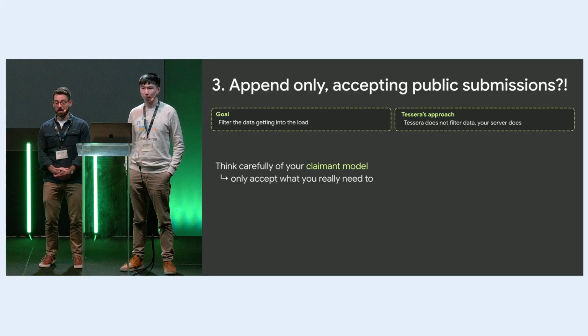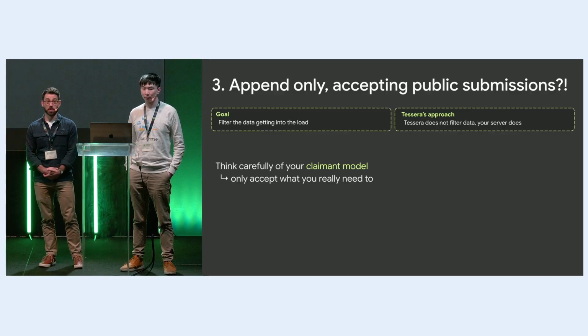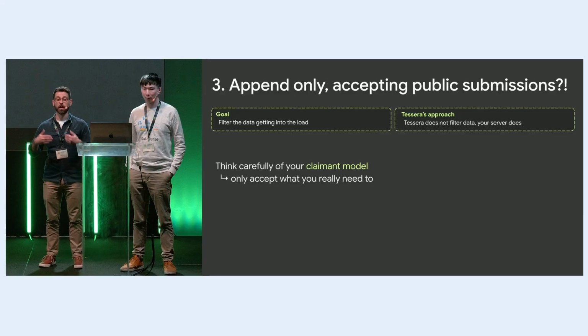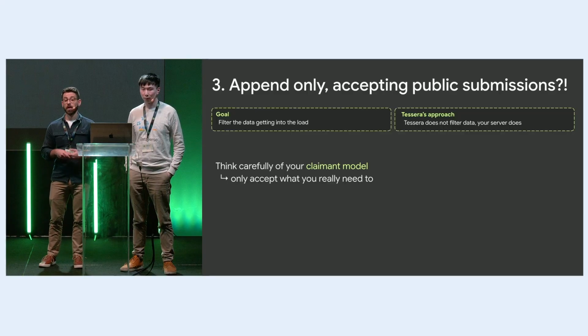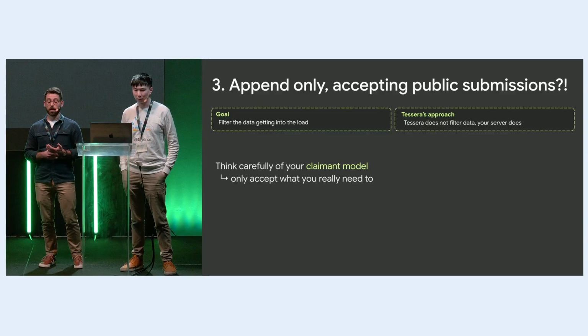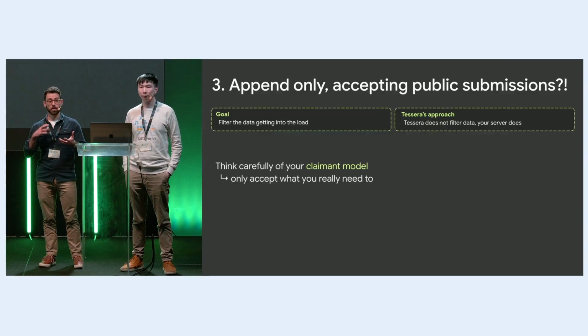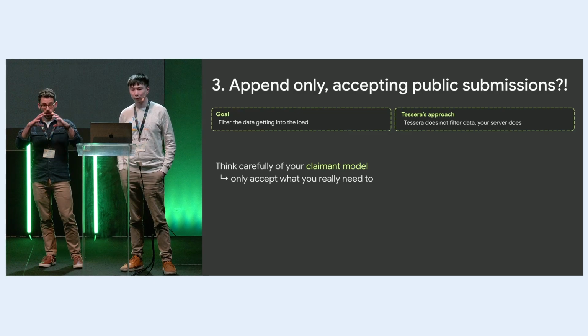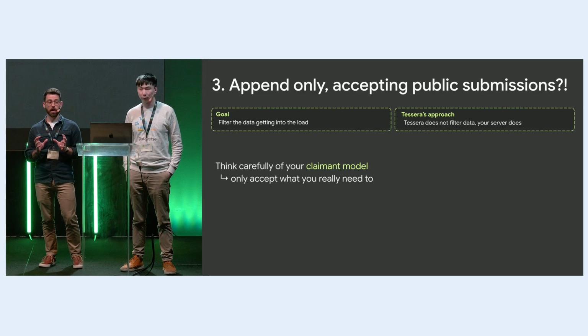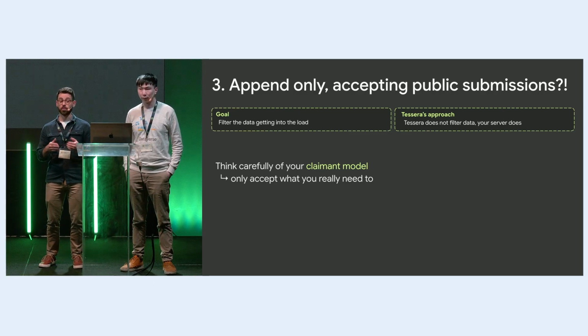Tessera's approach for this is that Tessera is a library, so it does not filter the data for you. But because it's a library, you should embed it in your server, and you should really filter the data in your own server. To figure out what data you need, you should be careful about your threat model. That's the model that is going to make it possible for you to really understand the transparency guarantees that you have around your ecosystem. You should really have one before you design any new ecosystem.